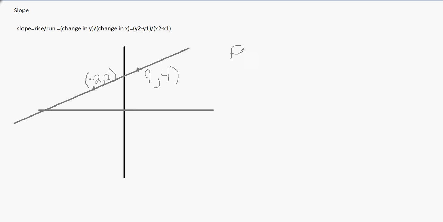Let's find the slope. Well, the slope is going to be equal to the y of one of these points minus the y of the other. I will just choose this point here as my point 2, and this is my point 1, but it won't really much matter which order we choose them.